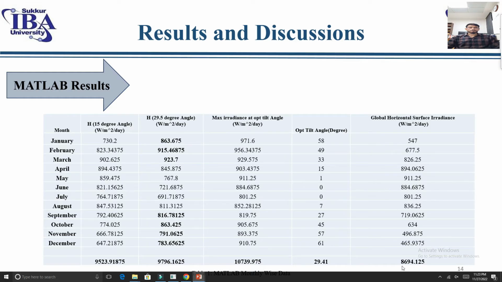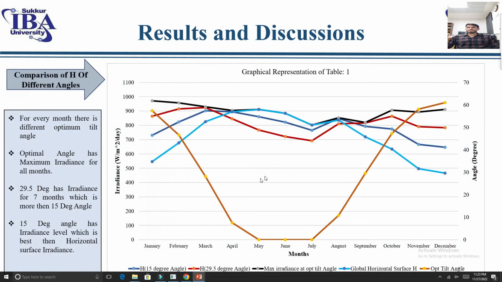These are the horizontal surface irradiance values available in the NASA database. These are the graphical representation of the previous table. The black line shows the most irradiance, on the optimum tilt angle.